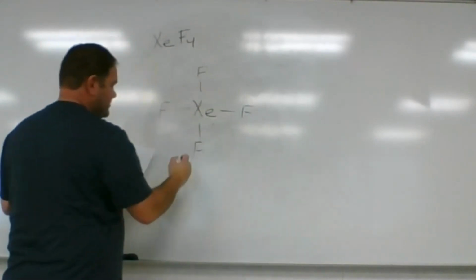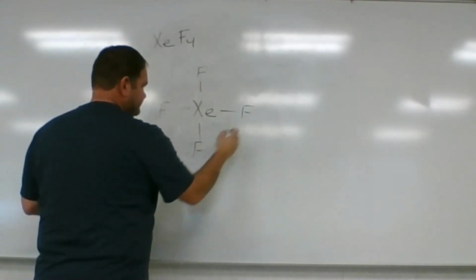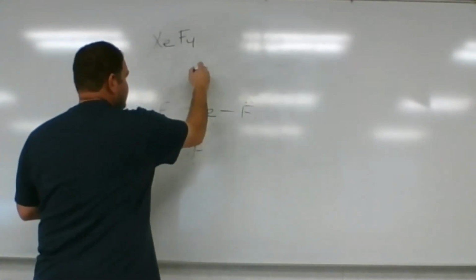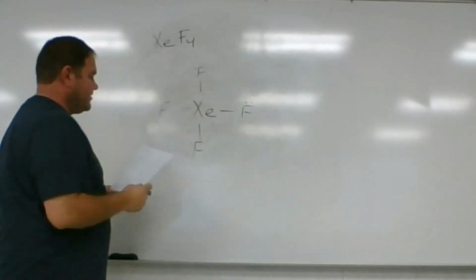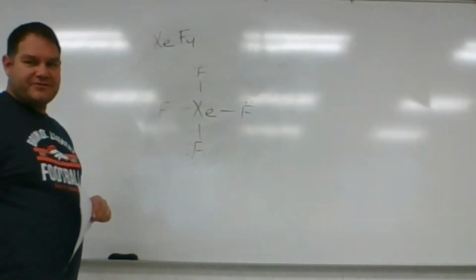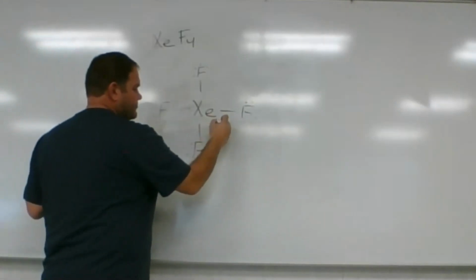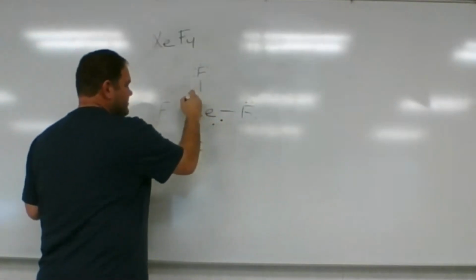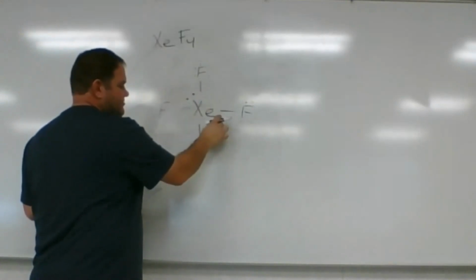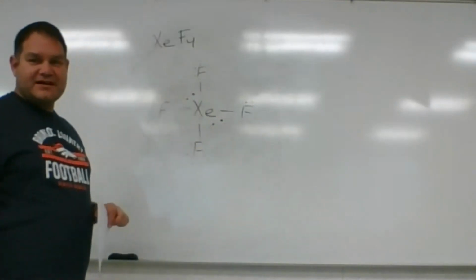The problem with this is that I'll tell you right now, it's going to be nonpolar. All right. The fluorines are indeed going to cancel out each other. And you're going to say, well, there's lone pairs. The problem is in the molecule, the way it's arranged around the central atom, these lone pairs also are going to sort of cancel each other out as well.